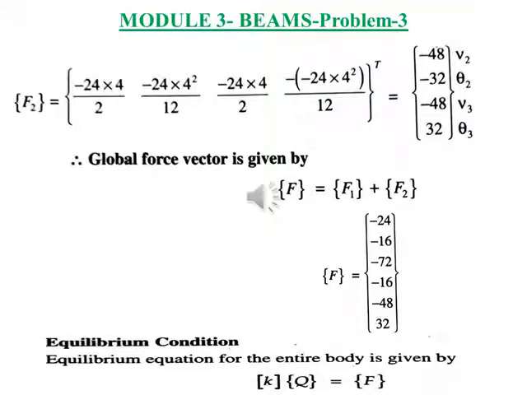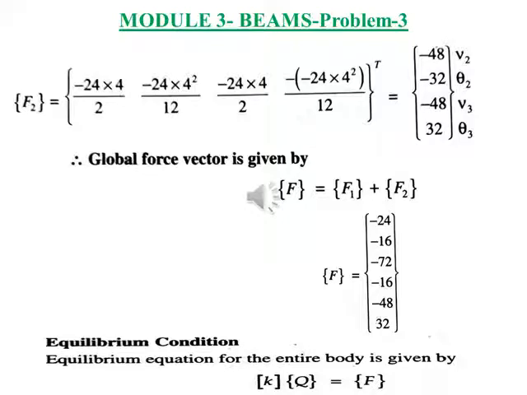So it becomes minus 24, minus 16, minus 24 plus minus 48, that comes to minus 72, plus 16 minus 32, that comes to minus 16, then minus 48 plus 32. The same thing is written in the global force vector.